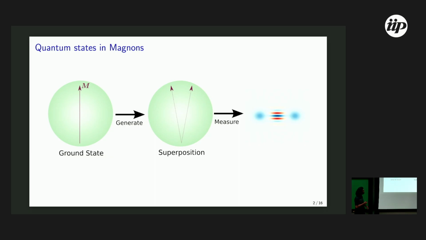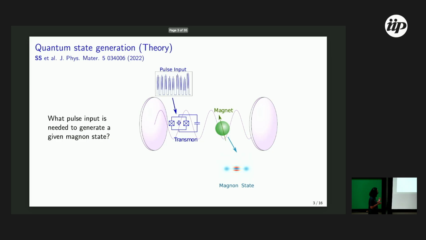Let me flash out some of the things which I did for state generation. Actually, only one thing. You see here a setup consisting of a microwave cavity, which I'm presenting as the mirrors, and a superconducting transmon with a magnet. This setup was used by the Nakamura group, and they've done amazing things with it. Our theoretical question was, can we use this transmon to create some arbitrary quantum state in the magnet?